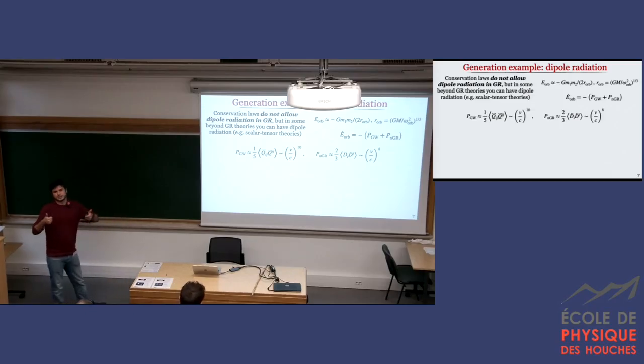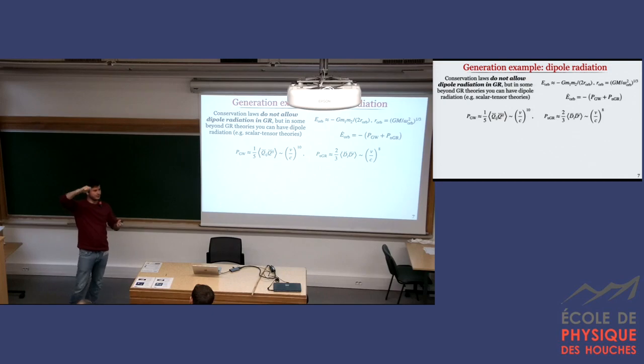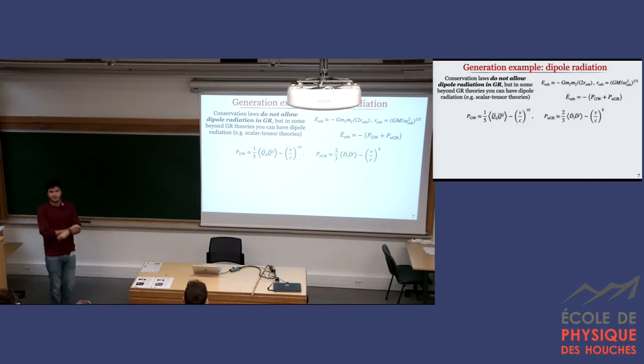But if you had just an electric charge, right, because an electric dipole emits radiation if you shake it, that's how you emit most of the light that you know of, you will end up with also dipolar radiation. But of course, because we know that the electric charge might not be important, at least in the context of binary black holes, if we see some dipolar radiation, most likely it's coming from something like a scalar-tensor theory or whatever theory that allows dipolar radiation.